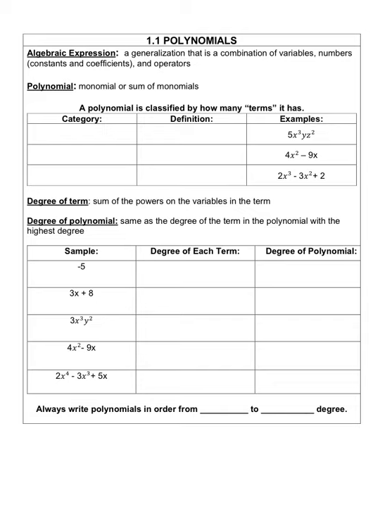So an algebraic expression could be a polynomial. And the definition of a polynomial is a monomial or the sum of monomials. So let's take a look at the different polynomials that you just looked at in the activity. The first polynomial is called a monomial.